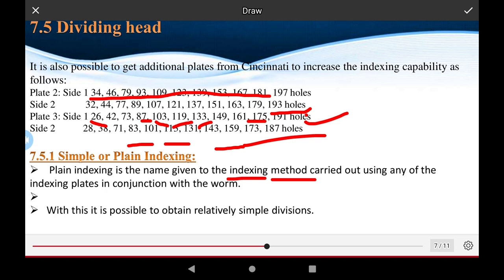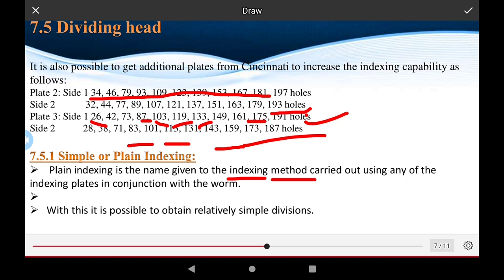Also the worm wheel and worm shaft are selected for the transmission of power and other components of the machines, and used for continuous operations for the machines and wheels, and with this it is possible to obtain relatively simple divisions for use in these machines and also to perform some operations.